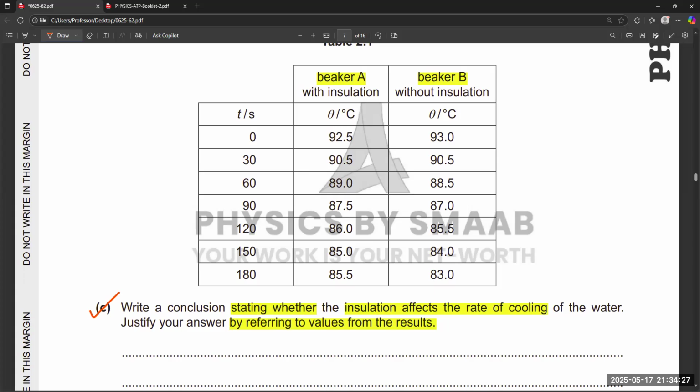For example, if we compare the initial value and the final value, we started from 92.5 and dropped to 85.5. In the same way for beaker B, it started from 93 and ended at 83. So let's see the temperature difference.